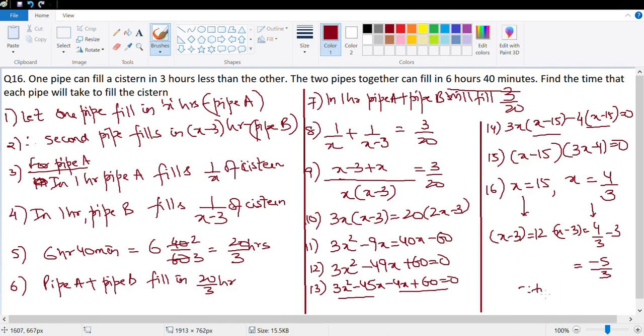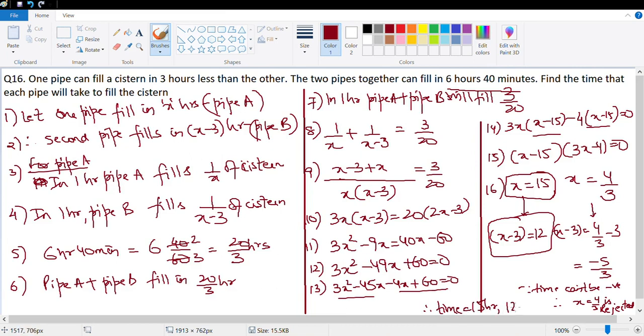Since time can't be negative, therefore x is equal to 4 by 3 is rejected. Okay, I don't have space here, so what we have is x is 15 and x minus 3 is 12. Let's read the question. It says find the time, therefore time is equal to 12 hours and 15 hours.